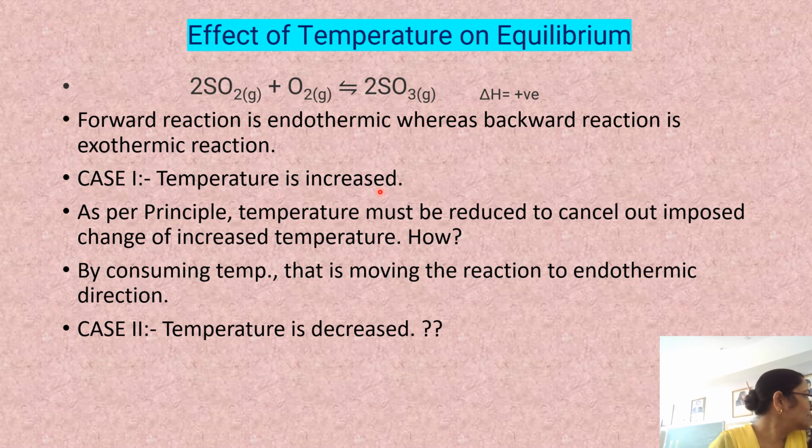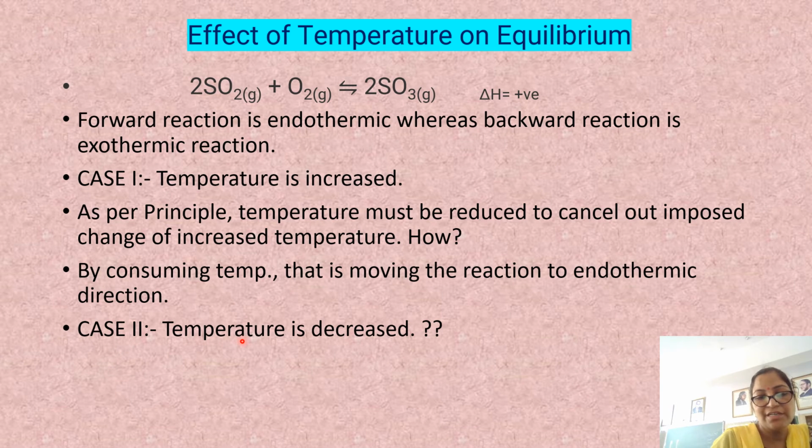As per Le Chatelier's principle, the increased temperature will try to reduce by changing the position of equilibrium. So how can the temperature be reduced? It can be reduced if the reaction moves towards the endothermic direction. That is, the reaction will move in the forward direction.